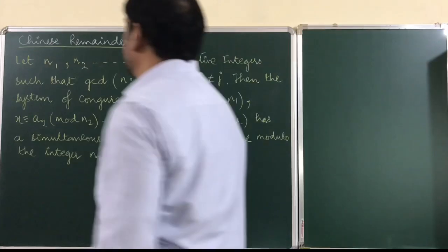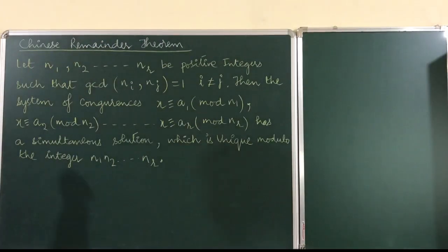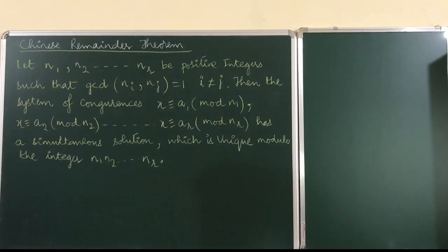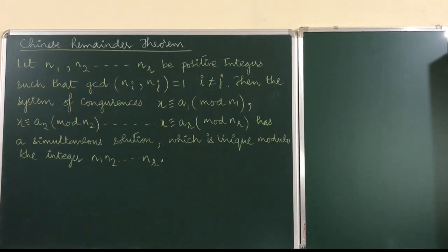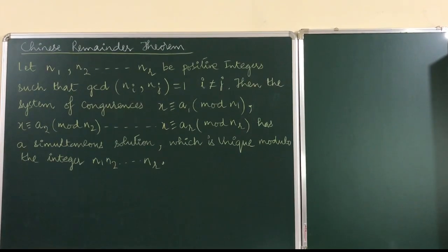So after rules of congruences, we have the Chinese remainder theorem, which is quite helpful in our Olympiad problems.